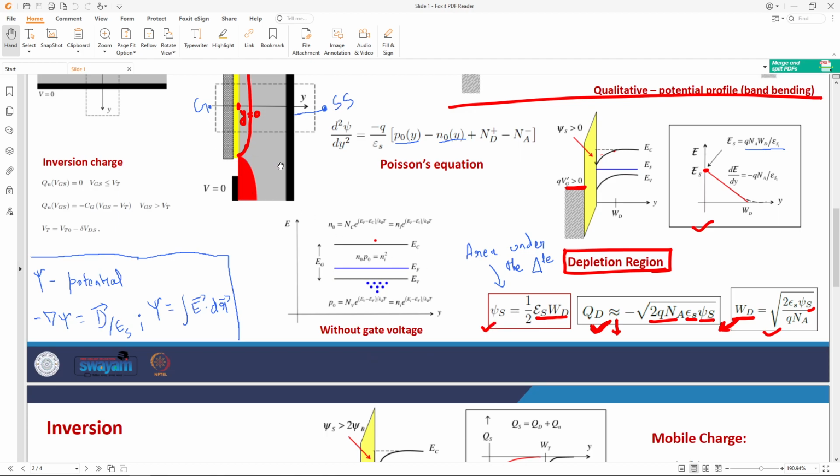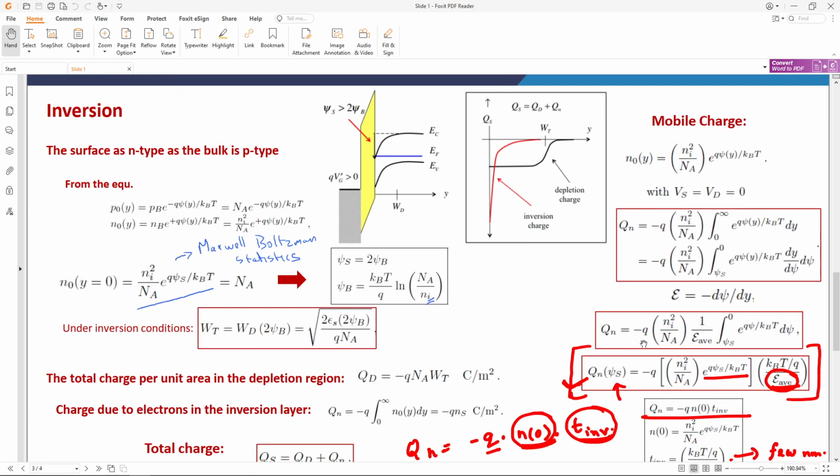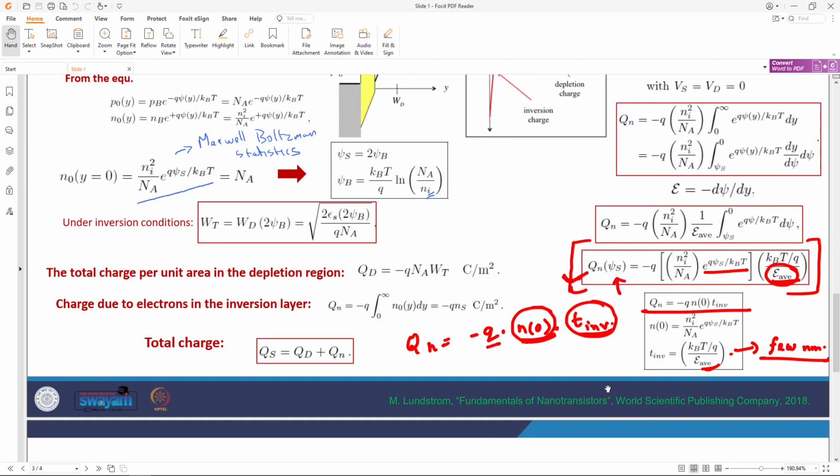We apply a gate voltage, there are going to be some capacitances, and we account for the effects of the capacitances and find out the surface potential. Using the surface potential and the depletion layer width, we can find the electric field at the surface. Ultimately from here, we use this relationship to get the inversion layer thickness.